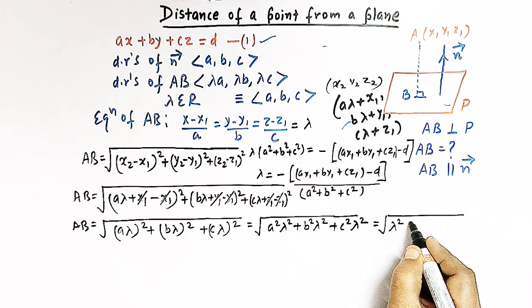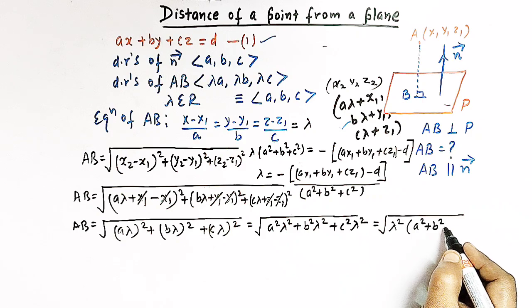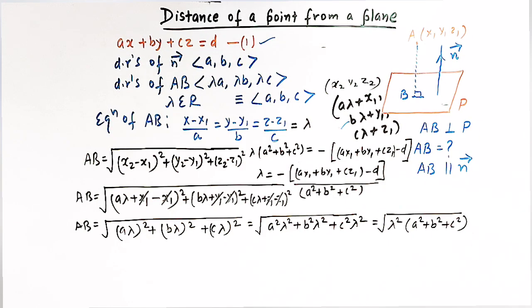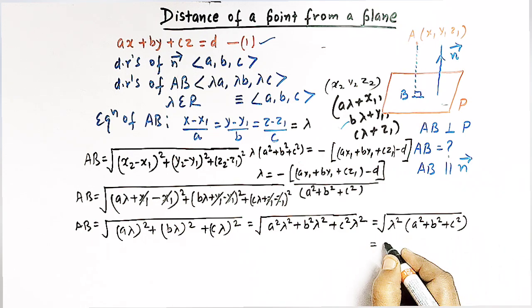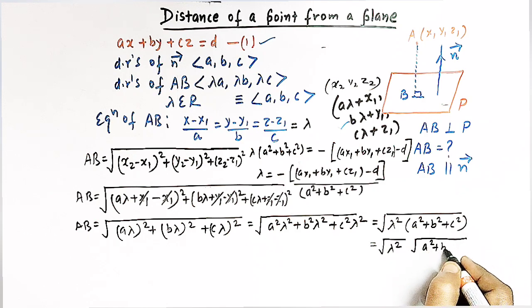So we have lambda square times a square plus b square plus c square. So now we can write this expression as square root of lambda square and square root of a square plus b square plus c square.